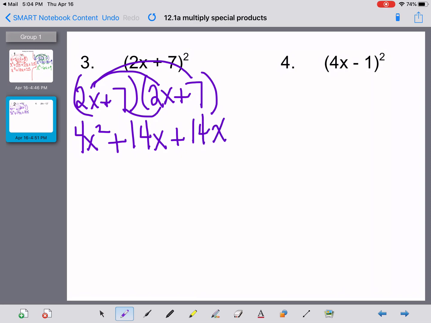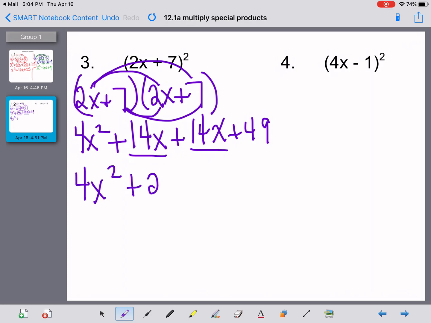Again, nice that we don't have to worry about the signs. And then our last, 7 times 7 is 49. And we combine like terms. 14x plus 14x gives us 28x. Remember, we add the coefficients; we don't do anything to the x. Plus 49.